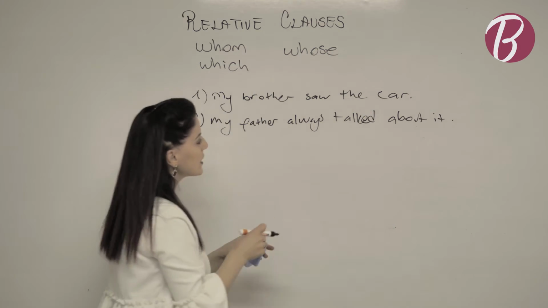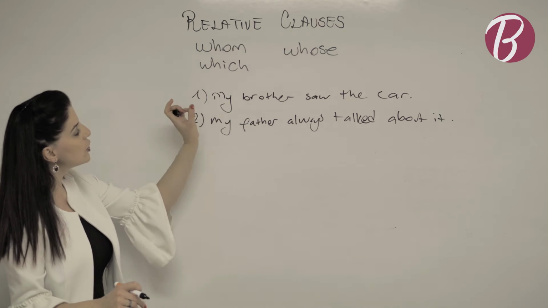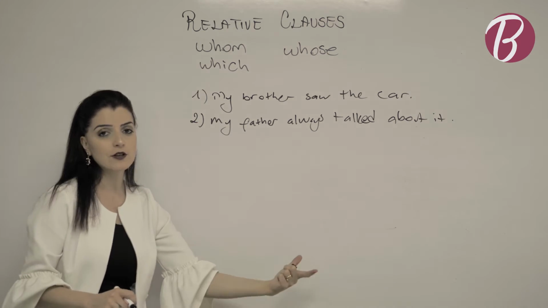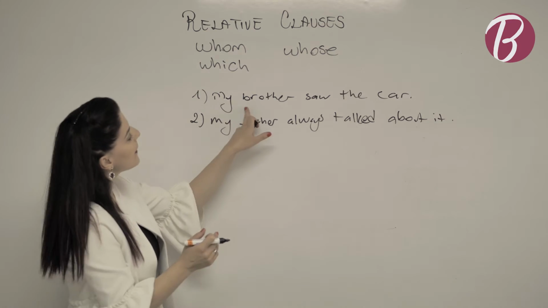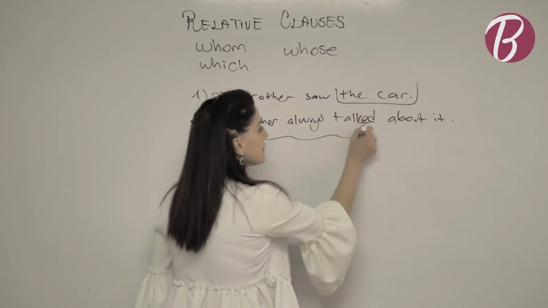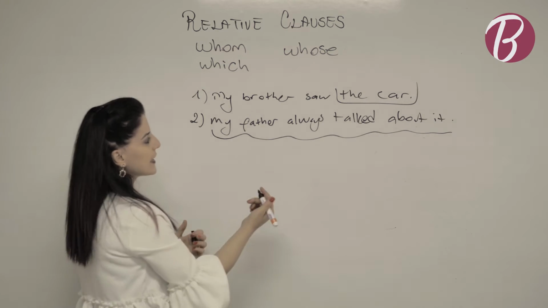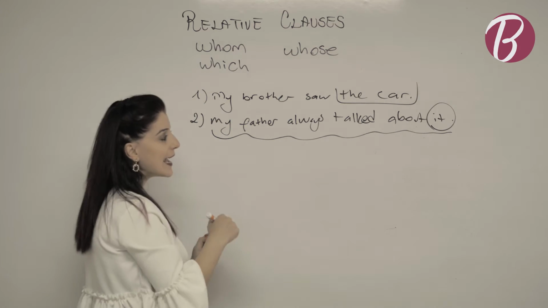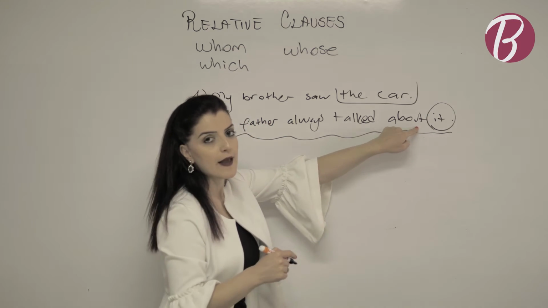In the first part, you are going to describe a noun, you will give information, and then I will understand which car you are talking about. My brother saw the car, so the car is here. When I check the second sentence, I can see here about the car, the object pronoun it, and in front of the object there's also a related preposition, about.